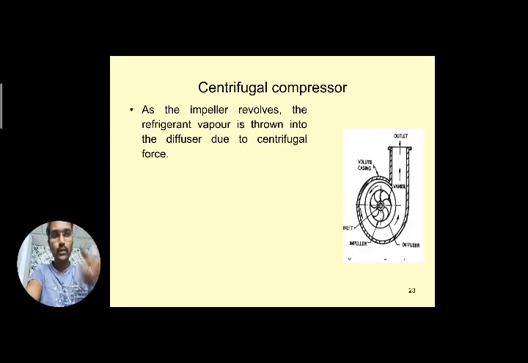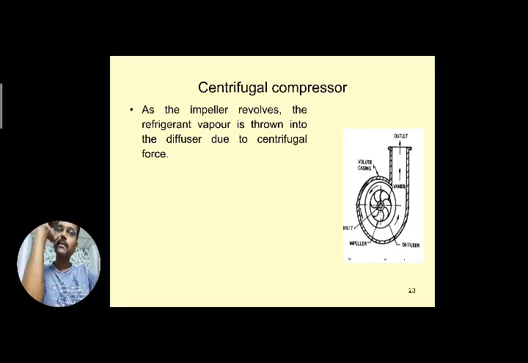Due to its rotation, whatever particles enter through the center are thrown away to the outer sides. That is centrifugal action, or centrifugal force. All the particles are thrown away and fall into the diffuser, where the gap is provided around these vanes.